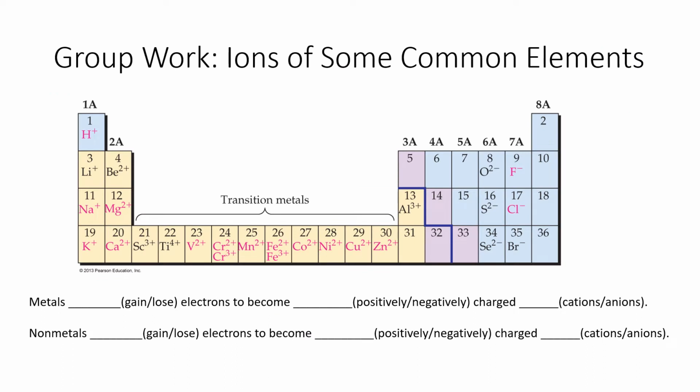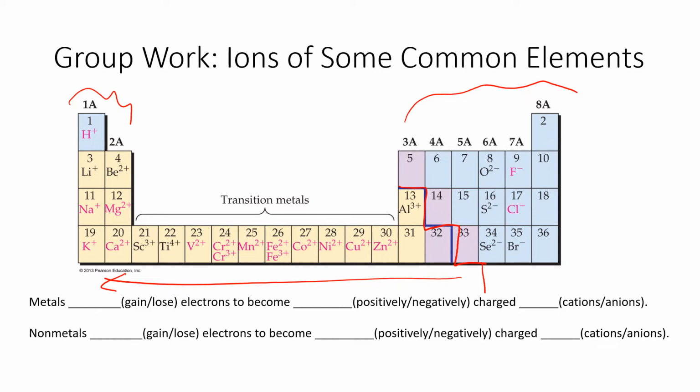All right, so let's look at the overarching patterns here for main group elements, guys, 1A through 8A. You can predict the charge of the element based on its position on the periodic table, okay? And I want you to notice a pattern. Here's our steps or our zigzag line for the metalloids, if you remember, okay? Anything to the left of that line is a metal, with the exception of hydrogen, which is a non-metal. But what do you notice? It turns out that all these look positive, do they not?